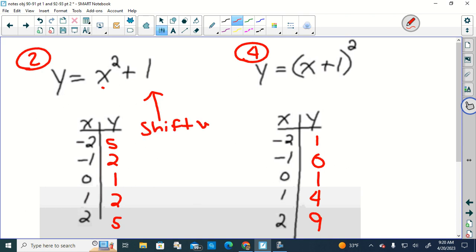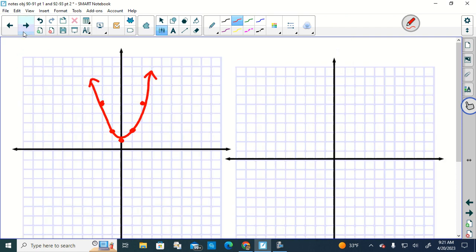So you're shifting up 1. So if that was a plus 2, then instead of it being at the base right here, you'd go up 1, 2. And then from there, you would do your over 1, up 1. So we're going to practice this and see if you were just listening to what that graph looked like. Again, this one shifted up 1.